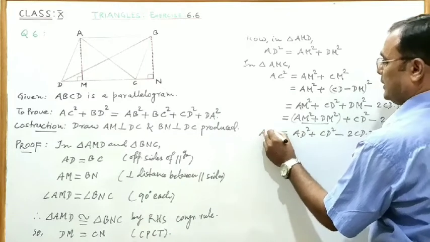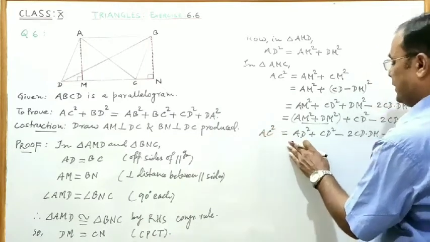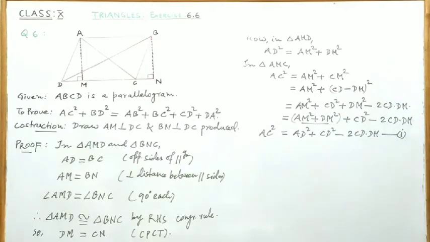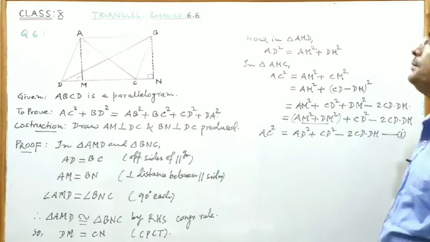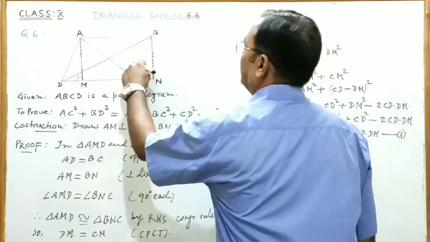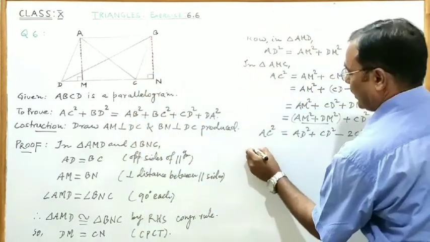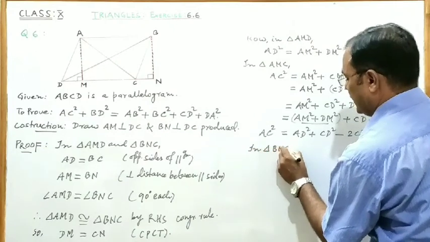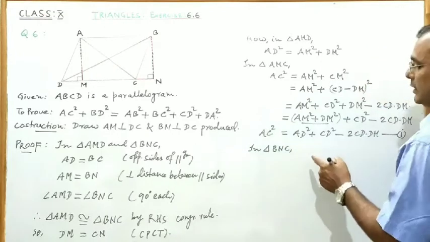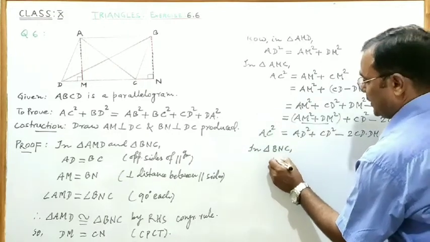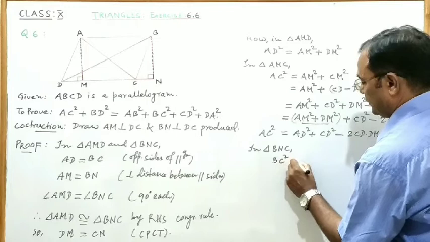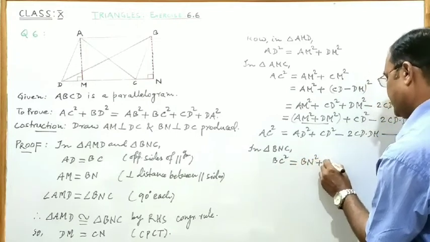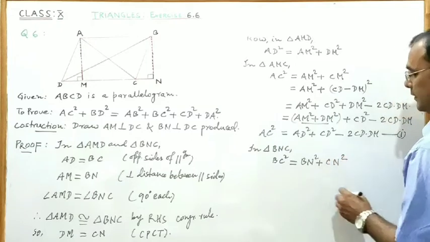So AC square equal to AD square plus CD square minus 2CD into DM. This is number 1. Now in triangle BNC, using Pythagoras theorem we can write BC square is equal to BN square plus CN square.